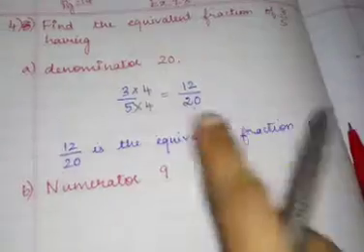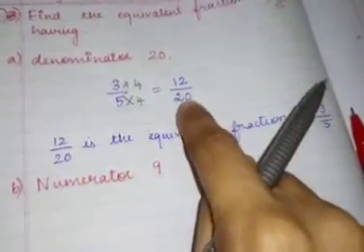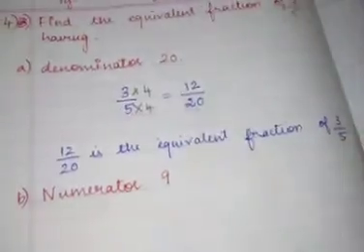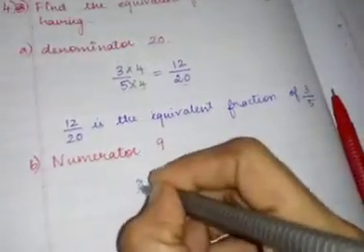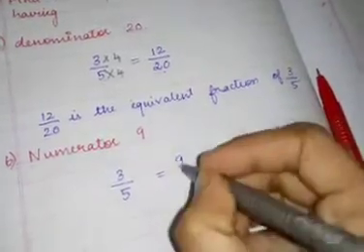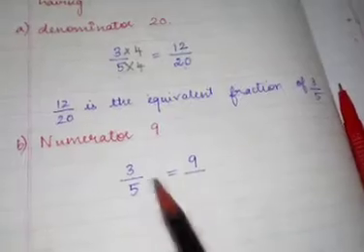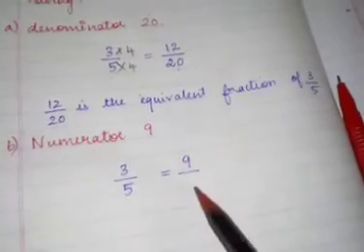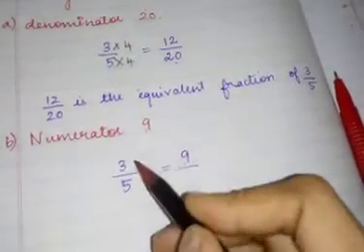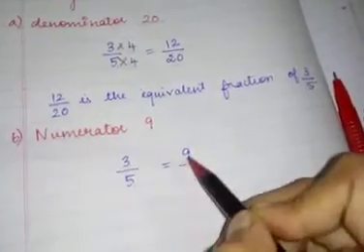Numerator 9. Last problem, they said we have to find the equivalent fraction of 3 by 5 with the condition denominator 20. But here we have to find the equivalent fraction of 3 by 5 with numerator 9. So we should find the denominator. That's enough, numerator is already given. So 3 I have to convert to 9, which is small to big.